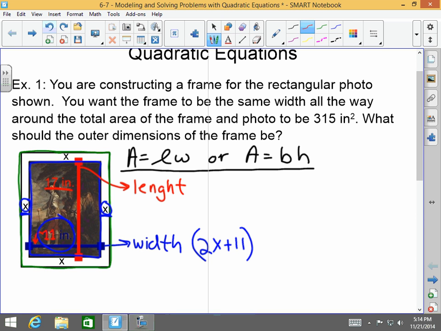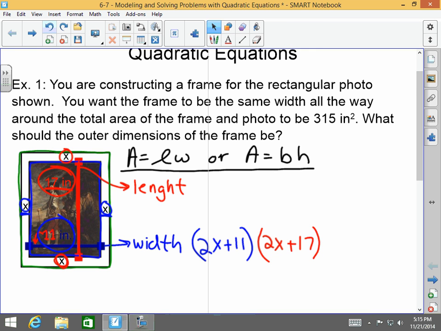The length or the height works in a similar way. You have the bottom part of the frame, which is x, plus the actual height of the painting, which is 17 inches, plus the width of the frame on the top of the painting, which is another x. So 2x plus 17, that is my length or height.